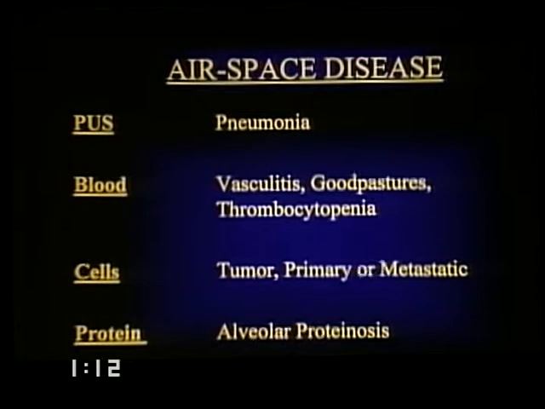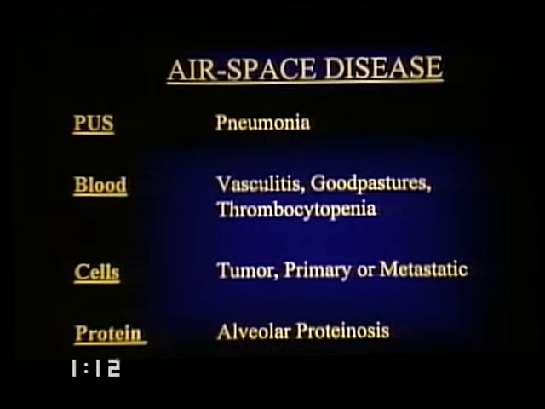Goodpasture's, thrombocytopenia. In one's day-to-day clinical practice, the two I've listed on top, vasculitis and Goodpasture's, are actually quite uncommon. And at least in institutions like ours, where there is a large oncology group, thrombocytopenia is probably the commonest cause of blood in the alveolar units.